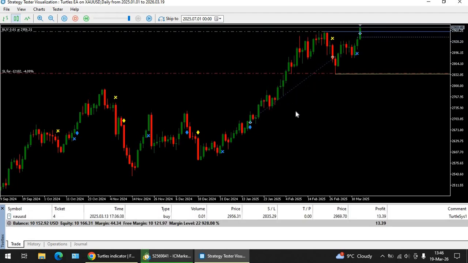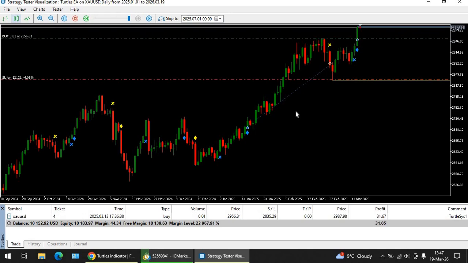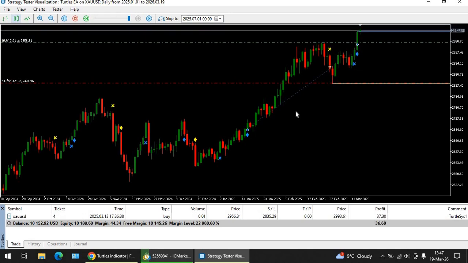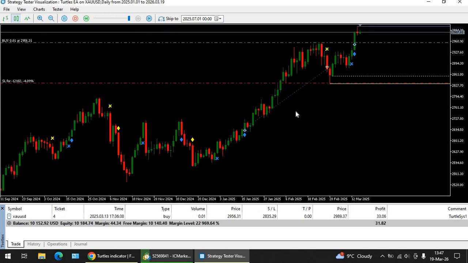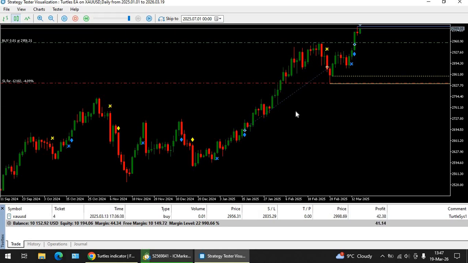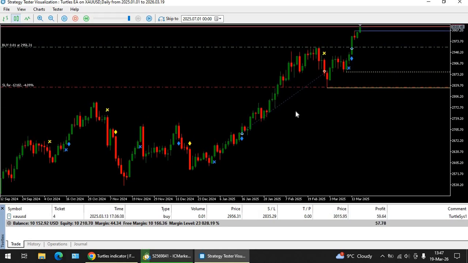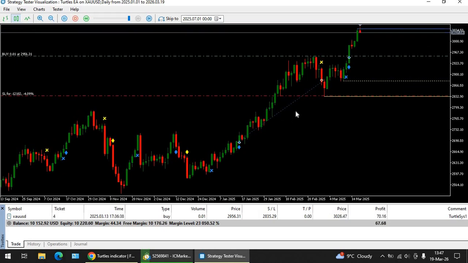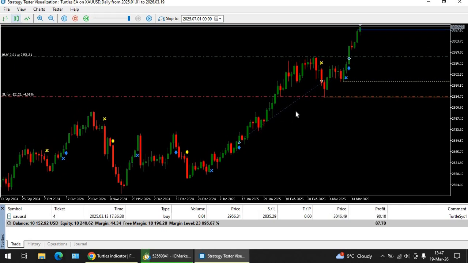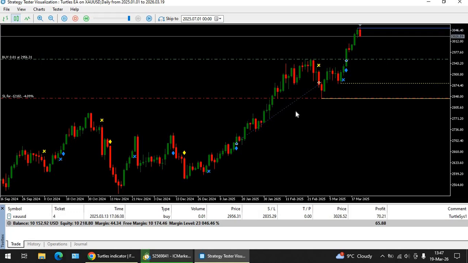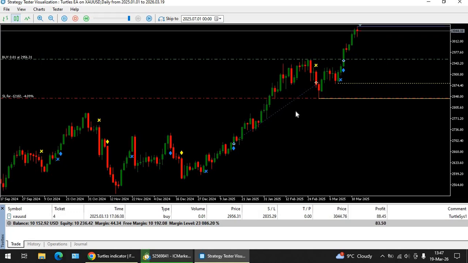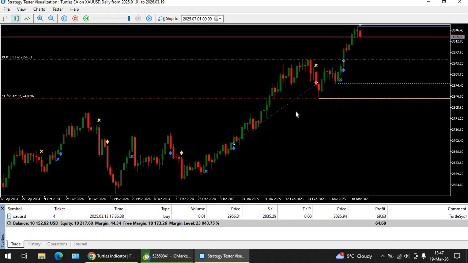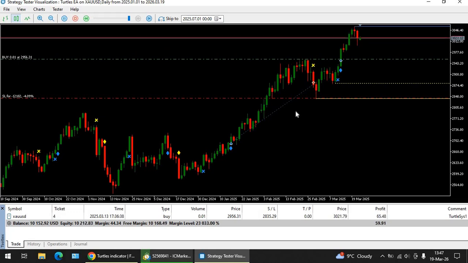And we had a profitable trade. The strategy itself, I know I'm repeating myself, is expected to have only a 30-40% win rate. So don't be surprised when most of your trades will be losses.